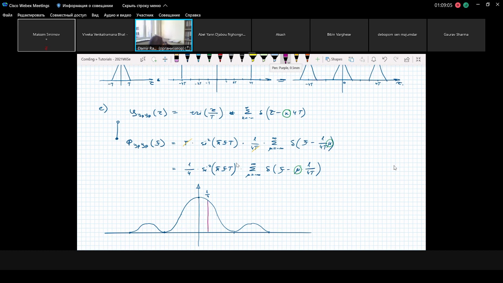The blue line corresponds to the envelope, but we don't have such an envelope. What we have is a weighted sequence of delta pulses, shown in purple.